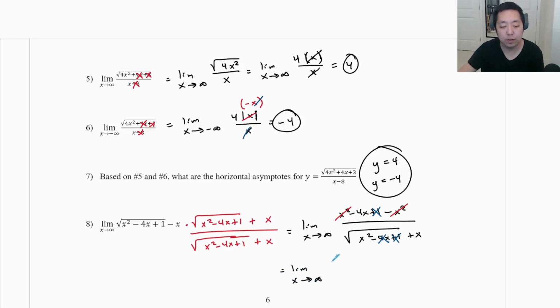So as x goes to infinity, I get negative 4x. The square root of x squared is technically the absolute value of x, but I know x is positive because we're approaching positive infinity for x. So that becomes x plus x, which is just negative 4x over 2x. The x's cancel. I get negative 2 here.